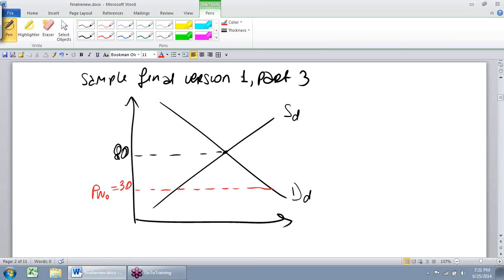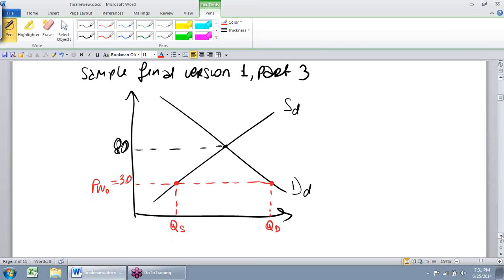So when the price was 30, what was the quantity supplied and the quantity demanded? When the price was 30, the quantity supplied by domestic producers was QS, and the quantity demanded by domestic buyers was QD.